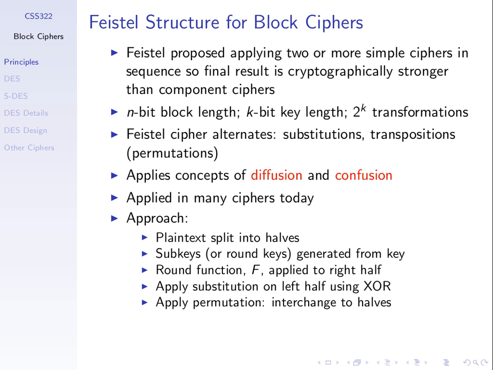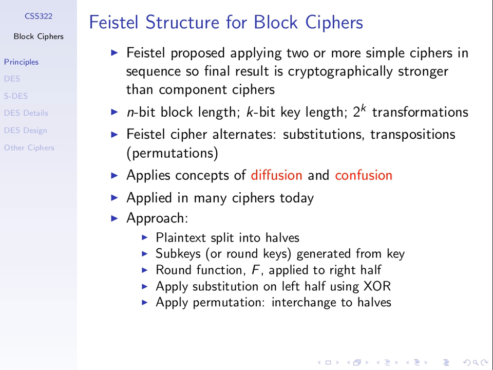So let's look at this structure. We have an n-bit block length, so the block size is n bits, but we have a key length of k bits. With an ideal cipher, it was n times 2 to the power of n bits, but in this case, we specify the key to be short to make it manageable, k bits in length.